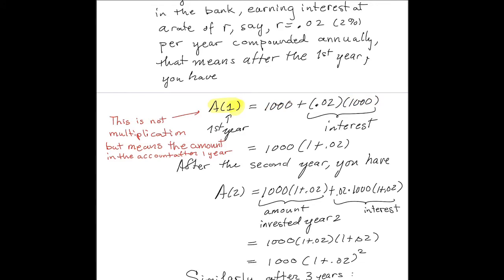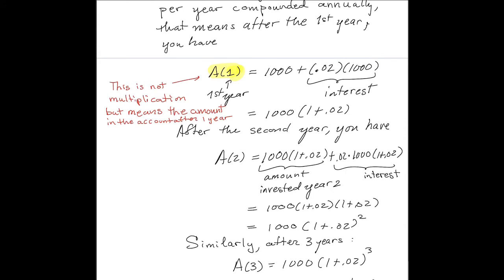And the second year, your investment basically is the end result of the first year, which is this. It's the same as that. Plus, you're going to earn interest on that very sum, so you're going to add 2% of that. So you factor out this common factor, and what you get is 1 plus 0.02.